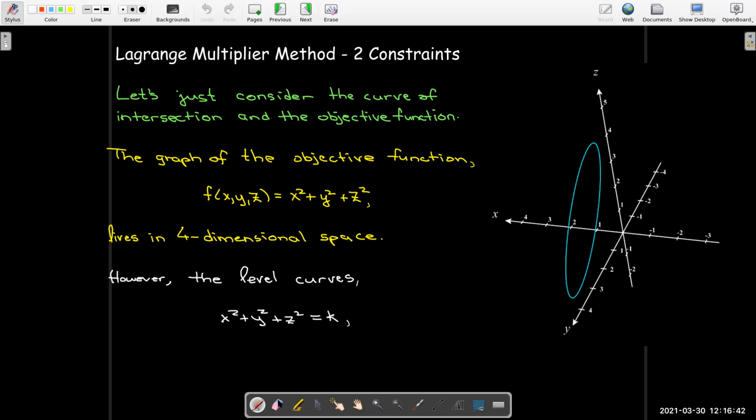So let me go ahead and rewrite this. Our level surfaces look like x squared plus y squared plus z squared equals k, and that is the equation of a sphere.